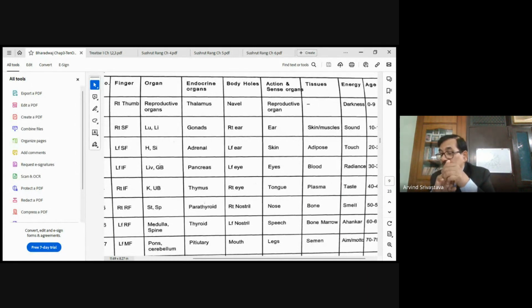Then asthi, bone. Who is responsible for bone? Prithvi, because it is earthly. It has more weight. It is very strong. The qualities are heavy, and the quality is stable. The attributes of earth are heaviness and stability, so bones are heavy and stable too.